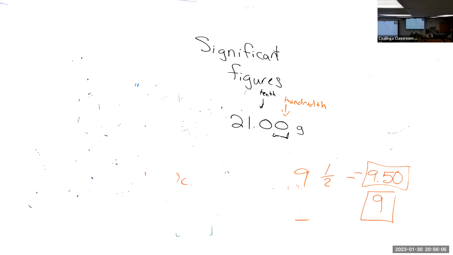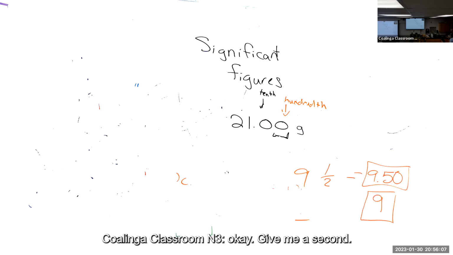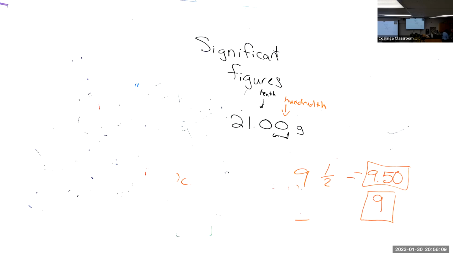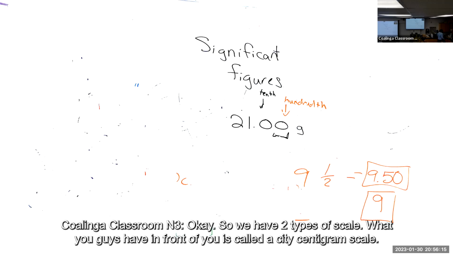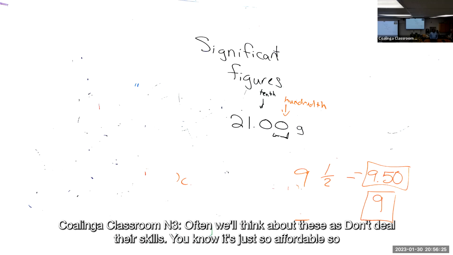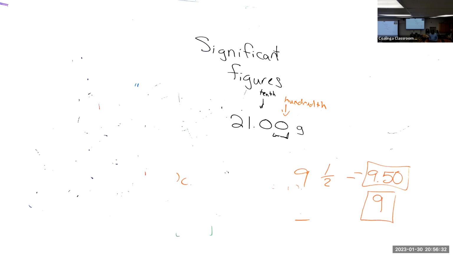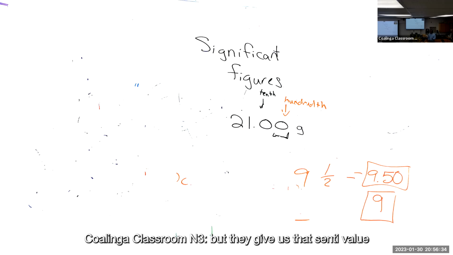Yeah, it should be. Okay, give me a second. I'll get you guys. Because you don't really need to. Okay, so we have two types of scale. What you guys have in front of you is called a centigram scale. Often we'll think about these as dope dealer scales, because they're portable, but they give us that centi value.